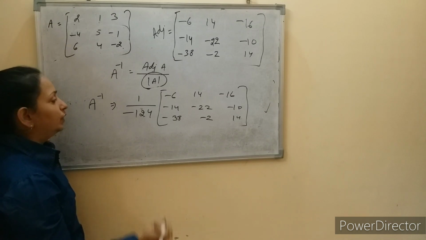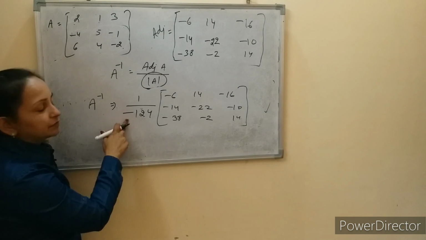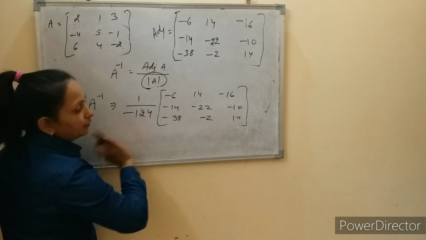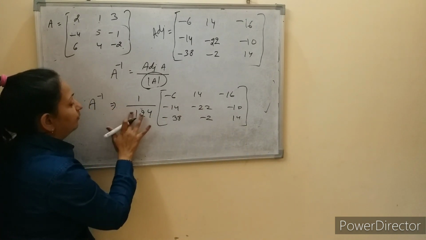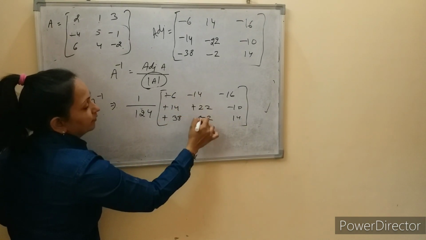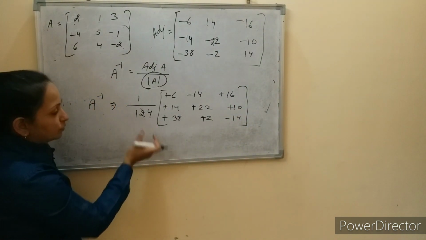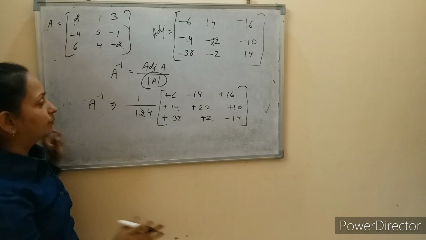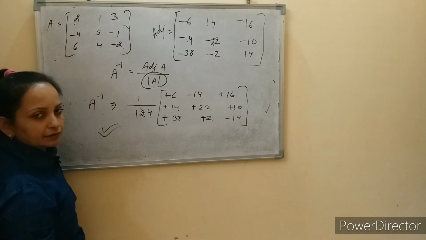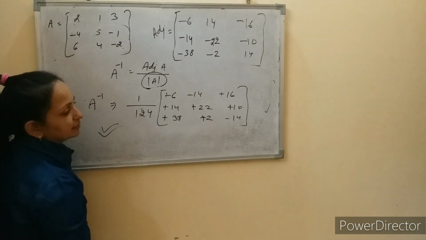Firstly, just deal with the sign. If you have a negative sign in your determinant, put it inside the matrix, and when I put this sign inside, all the signs change. So this will be my matrix now. And if the numbers are not divisible, you can leave it just like this. There is no problem. This is also considered a correct answer for the inverse, that is 1 by 124 times this matrix.